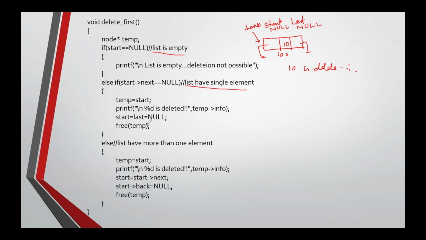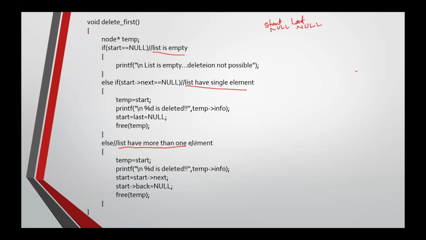Then we have to release the memory, which means we remove the node, so there is no memory. After that, start equal to null and last equal to null. So both are null, which means the list is empty after deletion of a single element.